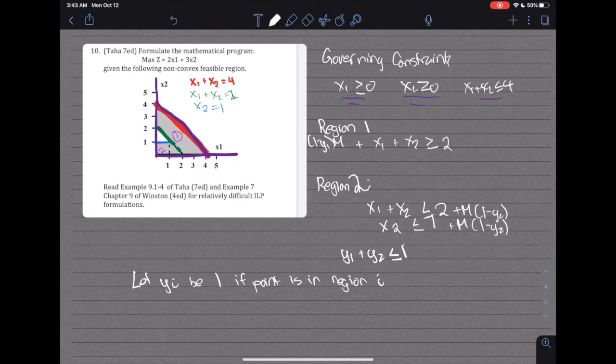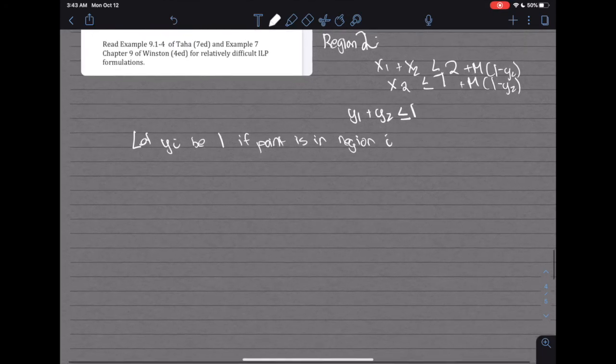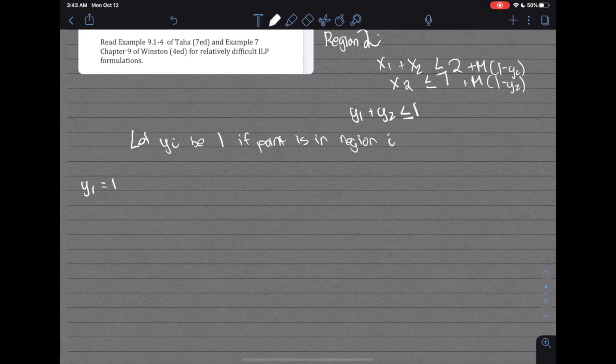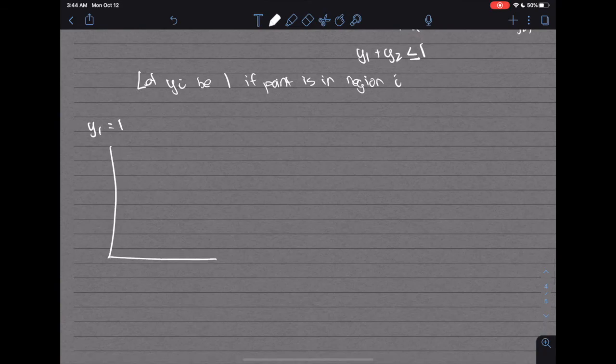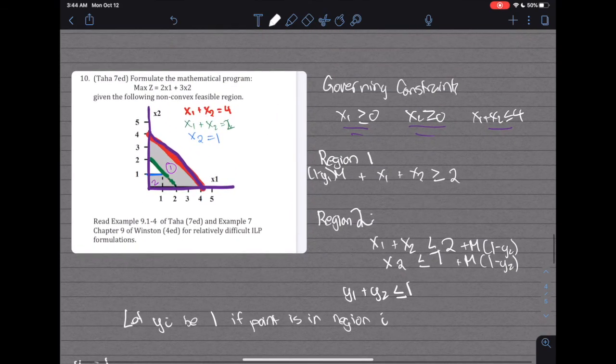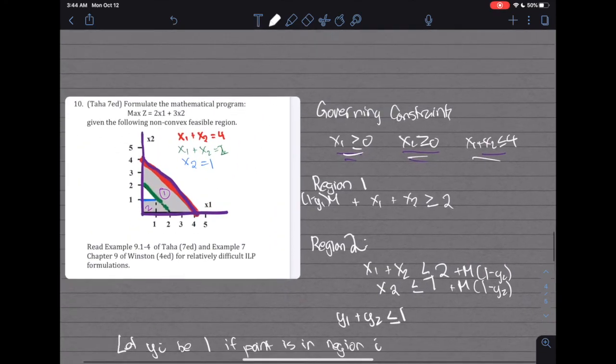So what happens is, if it's in region 1, all of these constraints will still hold true, plus this constraint will hold true. What will happen if y1 is equal to 1 is that, I will draw a rough sketch, you will still get these constraints, since these are binding or governing constraints.